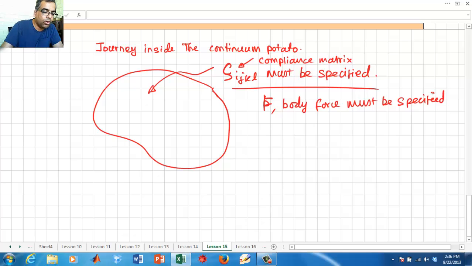Now, there's always a confusion between contact forces and body forces. Body forces are due to the external effects of non-contacting bodies.